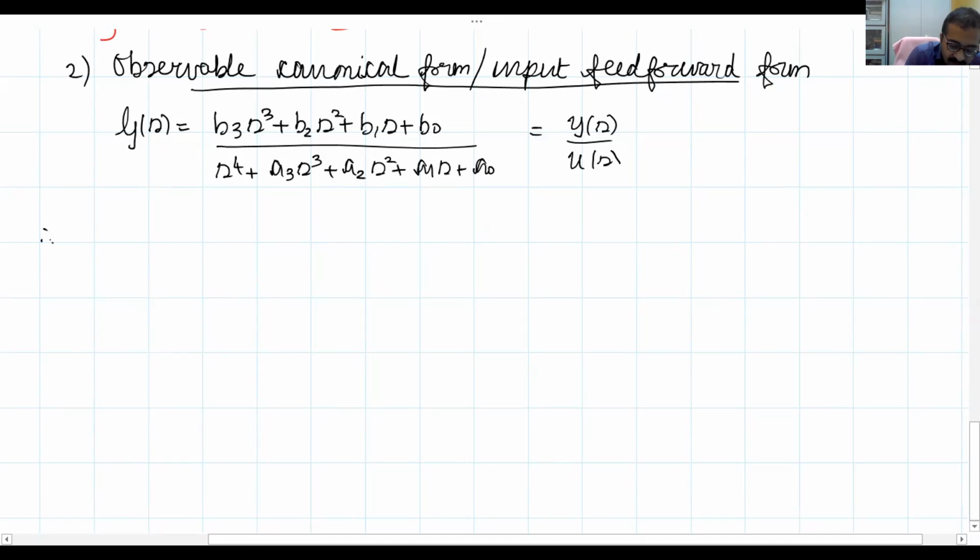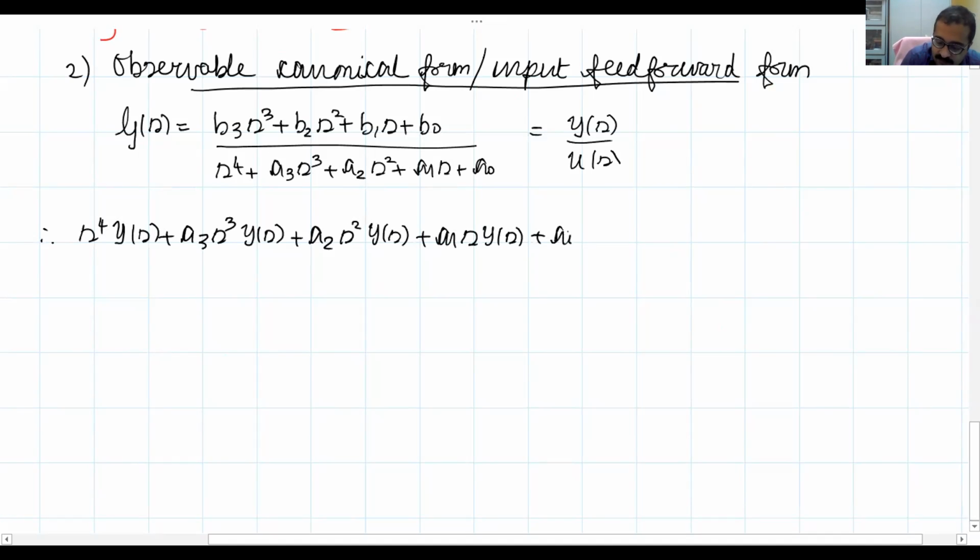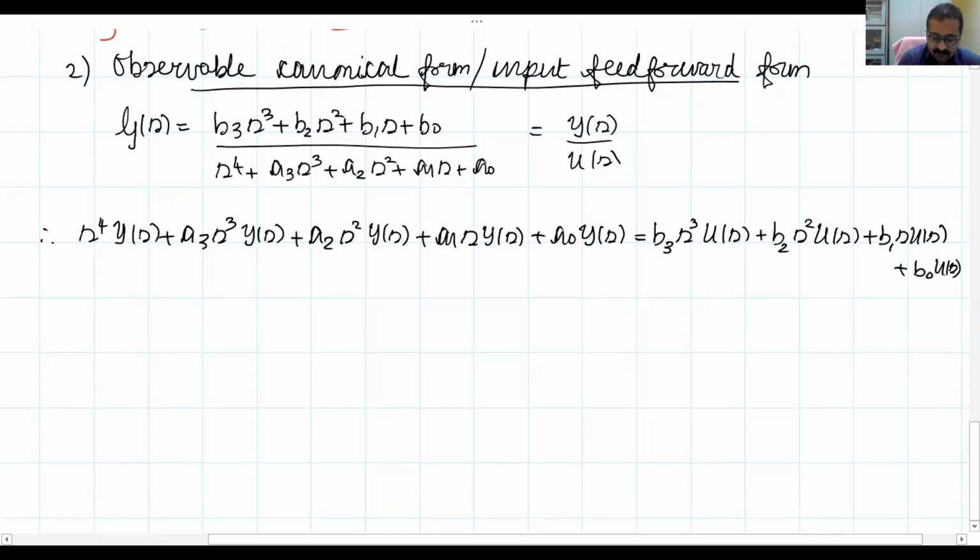You will get s raised to 4 y of s plus a3s cube y of s plus a2s square y of s plus a1s y of s plus a0 y of s equal to what? b3s cube u of s plus b2s square u of s plus b1s u of s plus b0 u of s.